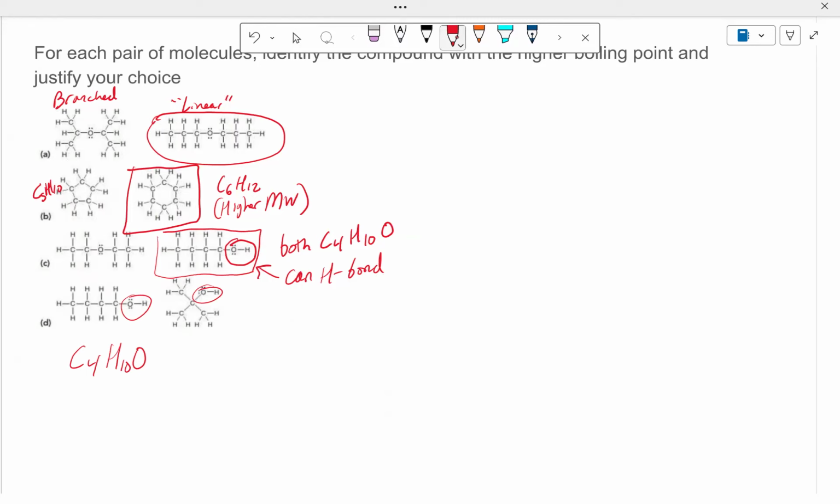Well, since we're dealing with constitutional isomers, now we're going to compare that one is branched and the other is not. So the compound with the unbranched chain is going to have a higher boiling point than the one with the branched chain.